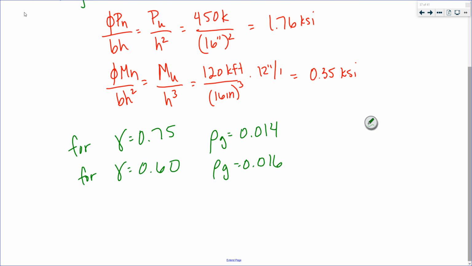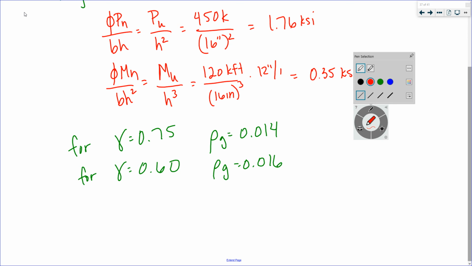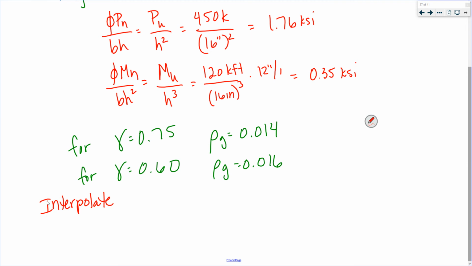And now I get to interpolate because I'd figured out before that I'm going to have a gamma of like 0.69.